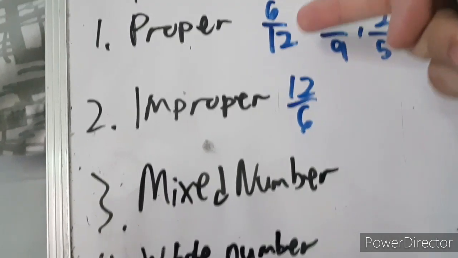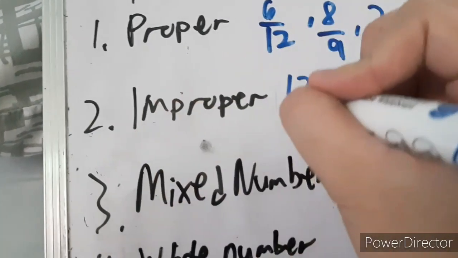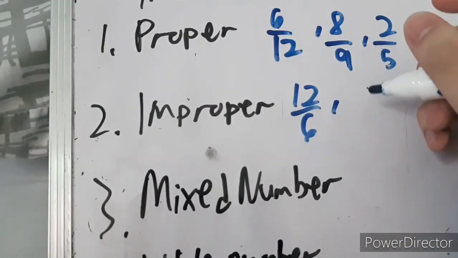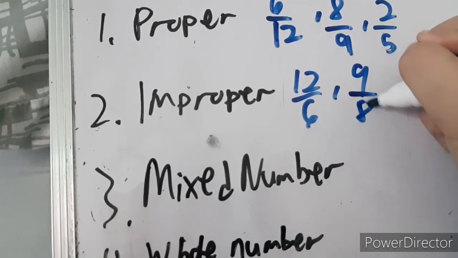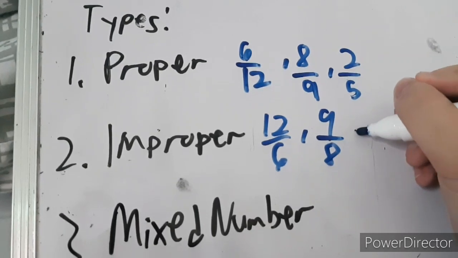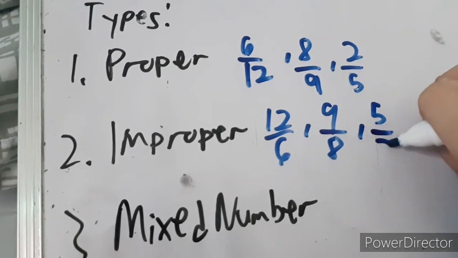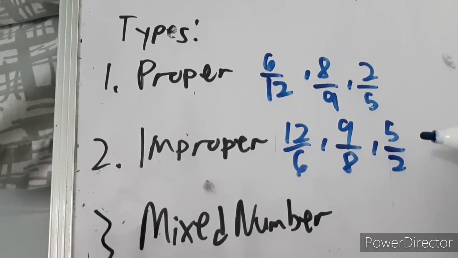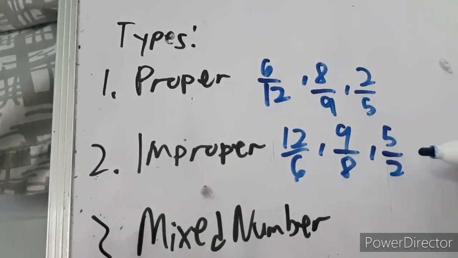Kasi ang proper, ang opposite niya is improper. Okay. So, baliktaran ng 8 over 9 magiging 9 over 8. At saka, yung 2/5 magiging 5 over 2. So, ito po yung diferensya po. Take a look at the difference between proper and improper.